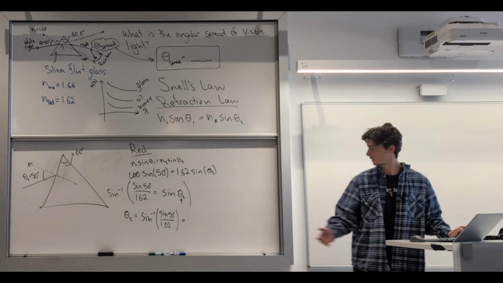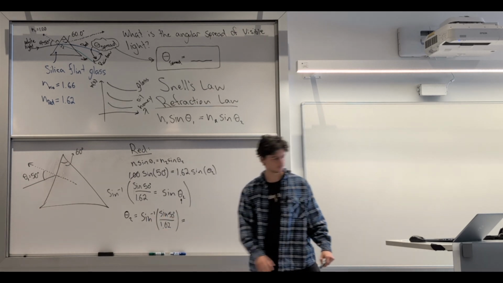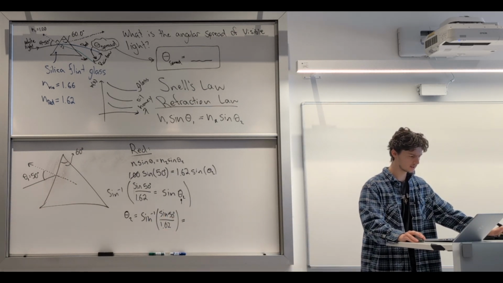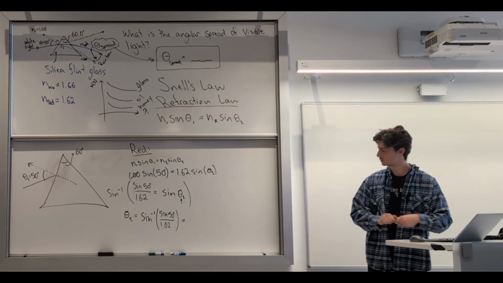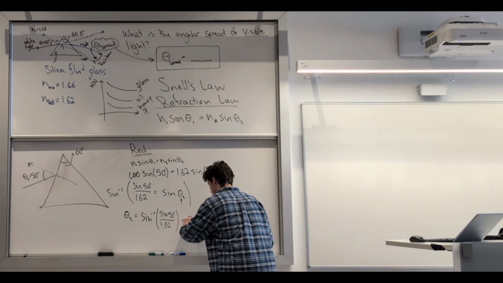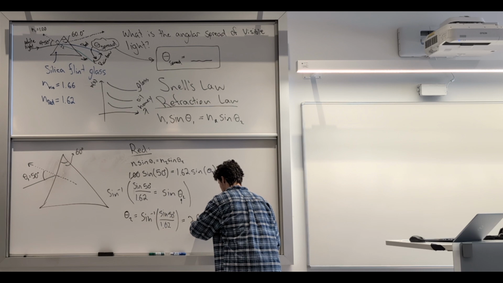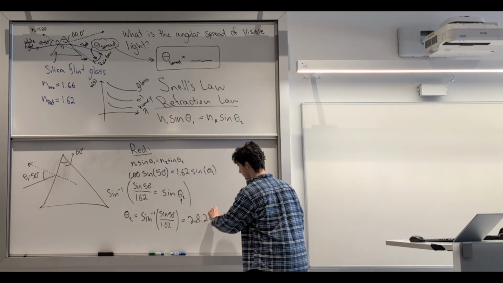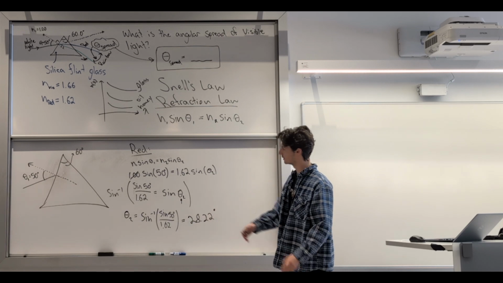Arc sine is another name for sine inverse. Arc sine of 0.472867 equals 28.22. And what we have here is theta 2. So if our calculations are correct, this should be in degrees.